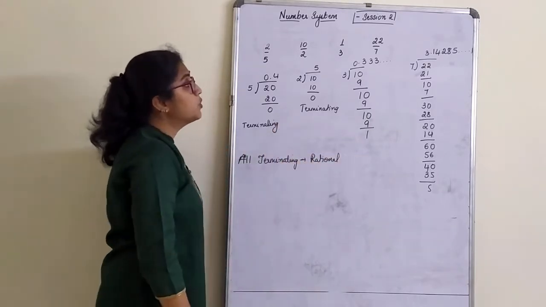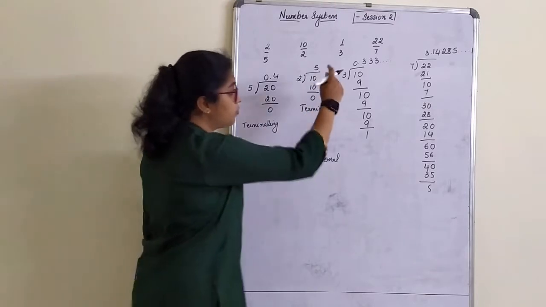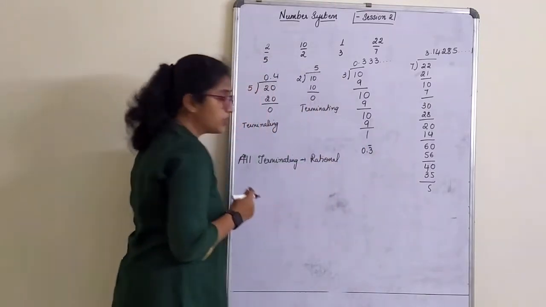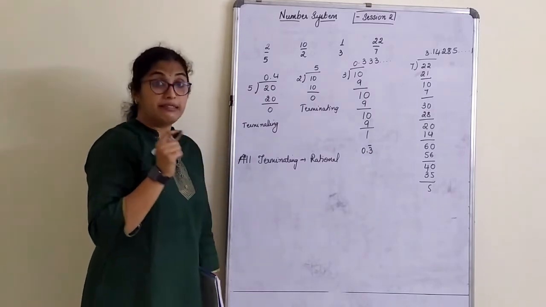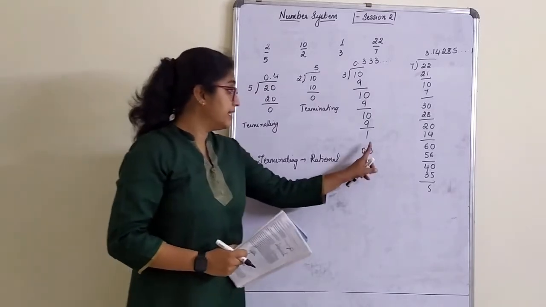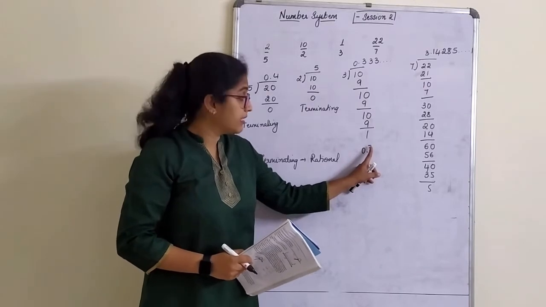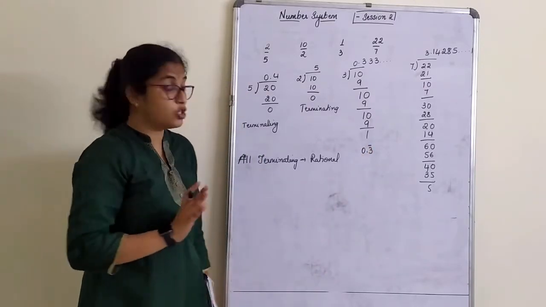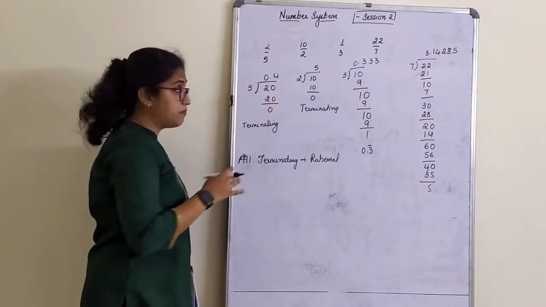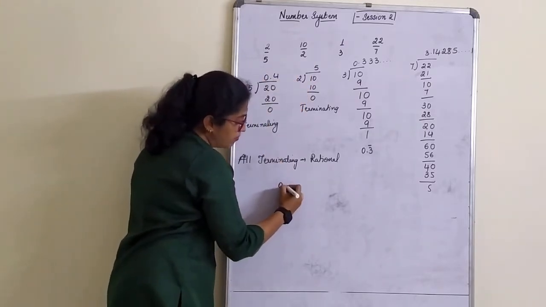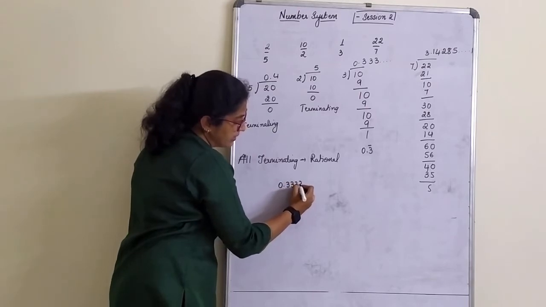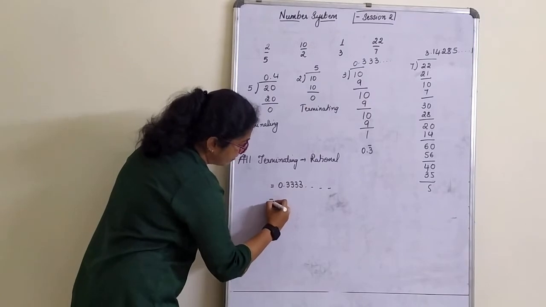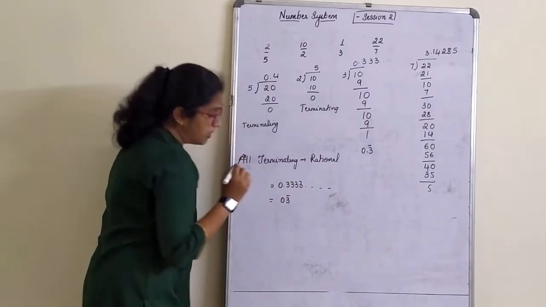Look at this. What about this? Is it terminating? 0.3 dash. What is this dash? That is a bar. That bar indicates that it is recurring. There are two types of recurring, children. When we divide, we get a number like 0.33333. The same pattern will continue, so we'll write that as 0.3 bar.